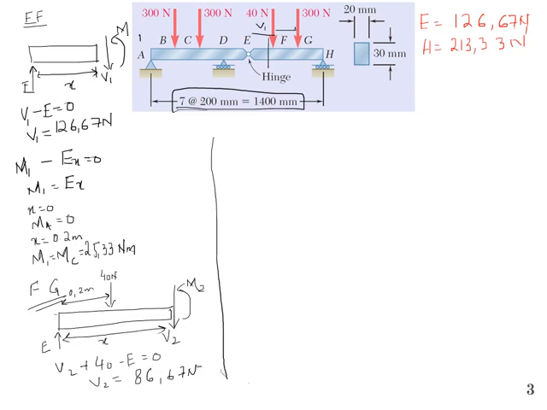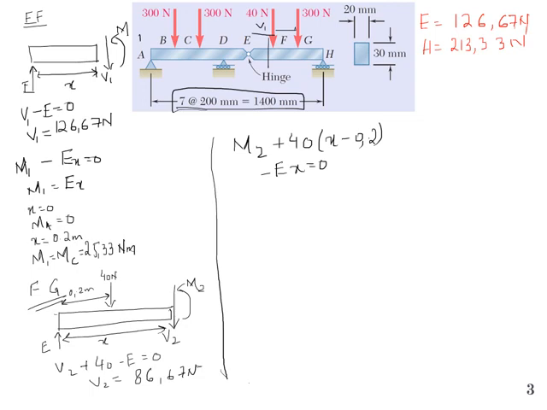Now for the moment M2: 40 Newton plus 40 into x minus 0.2, minus E into x is equal to 0. So this is the equation for the moment.